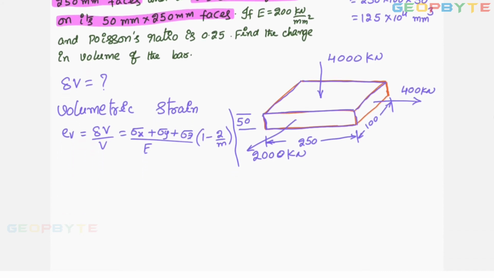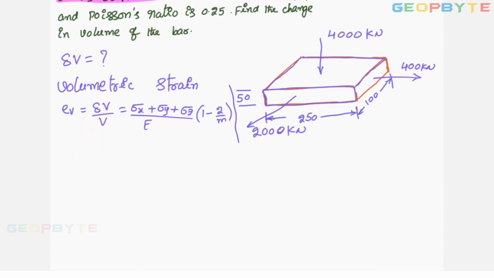Now for that you need to find sigma x, sigma y and sigma z. Stress in x direction, let it be sigma x, equals load in x direction by area of cross section in x direction.